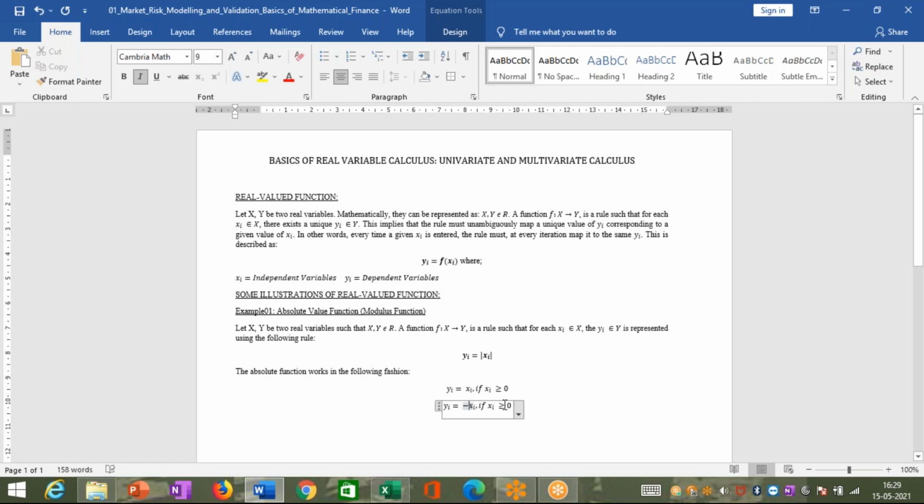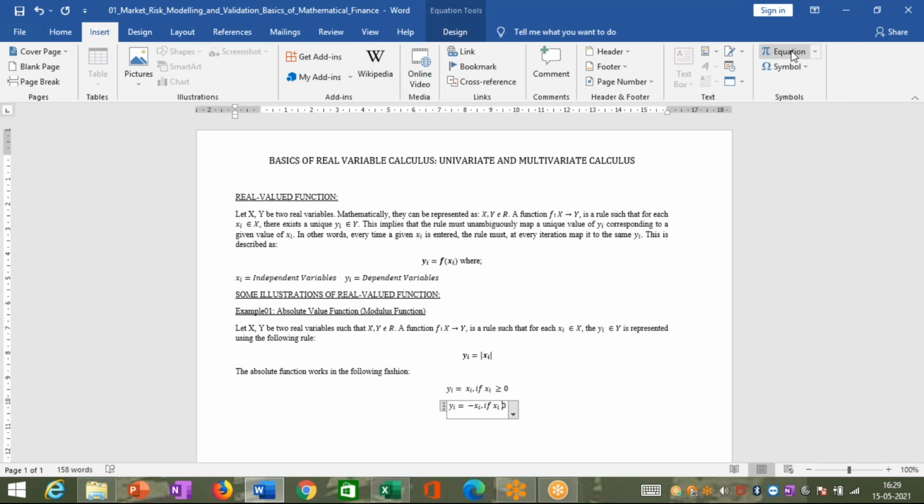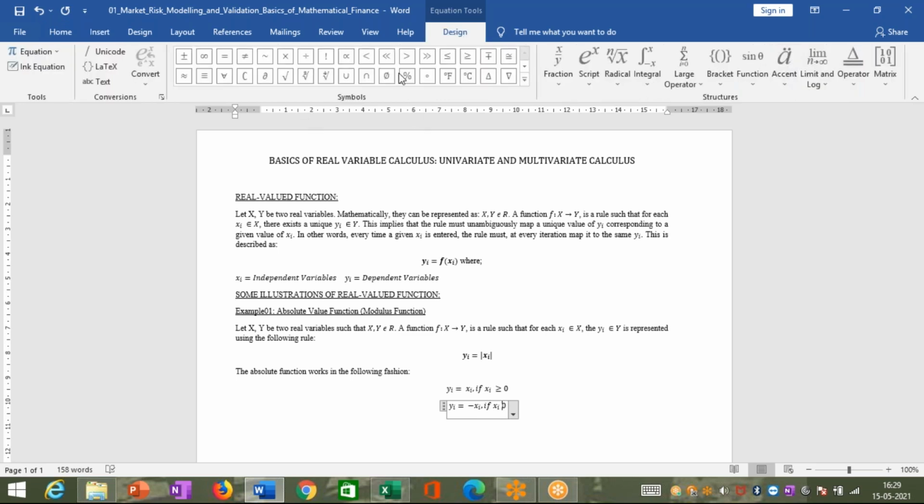And yi is equal to minus xi if xi is less than 0.